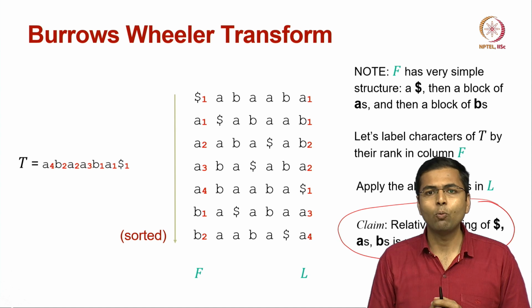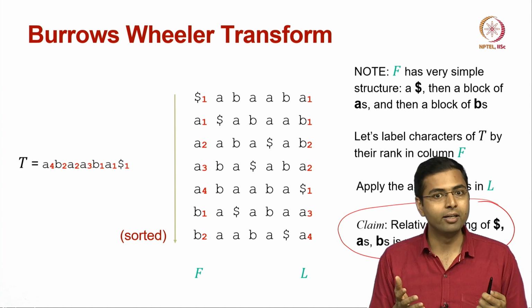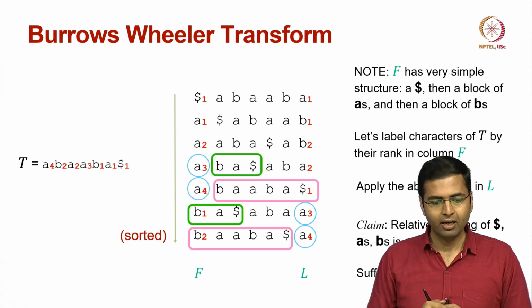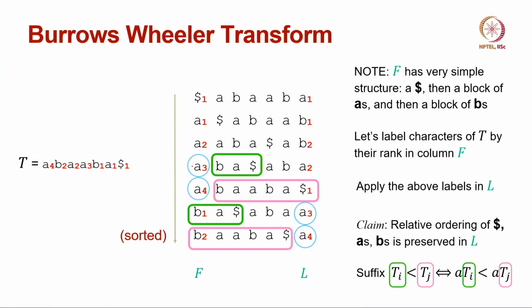Why is that happening? Is that a coincidence or will this generally hold? Well, this will generally hold, because if you compare these two symbols, A3 occurs before A4 because of the ordering of these suffixes, right. So, BA dollar is lexicographically smaller than the longer suffix BAA, BA dollar 1.